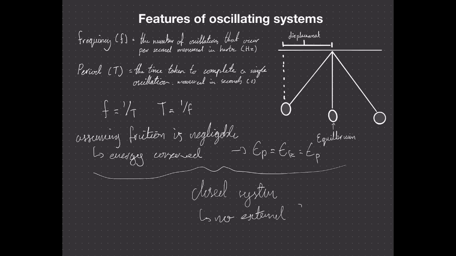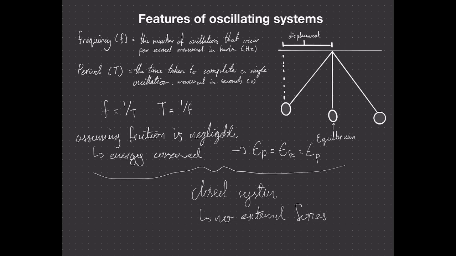At maximum displacement, forces acting on our pendulum bob will be acting 90 degrees to our equilibrium, and we will have our greatest acceleration.